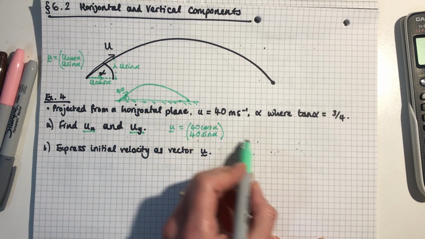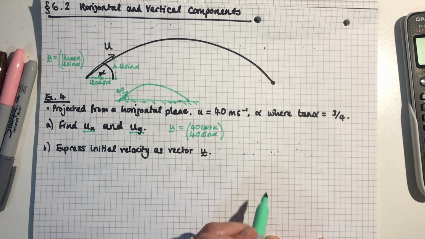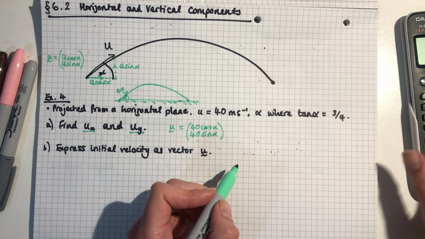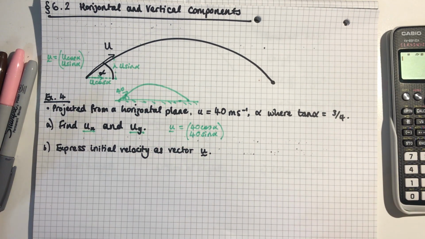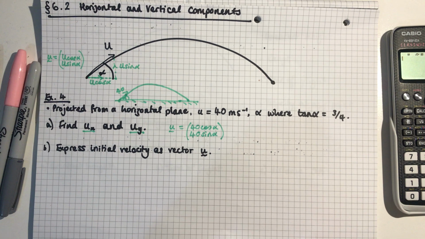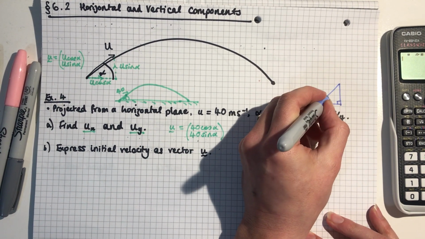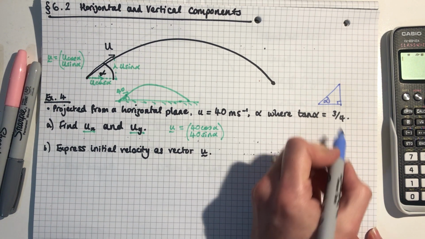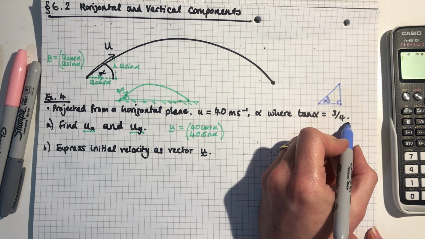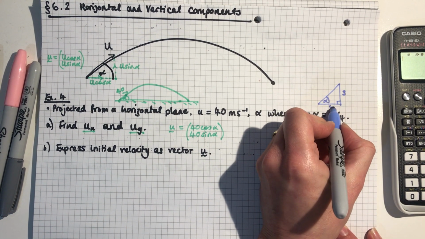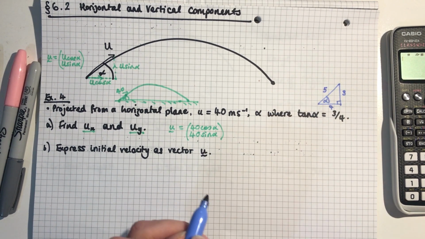Now let's work out what cos alpha and sine alpha are. If tan alpha is 3/4, we can work this out using a little sketch of a triangle. There's alpha. We know that tan is opposite over adjacent, so the opposite side here is 3, the adjacent side is 4, which means the hypotenuse is 5.